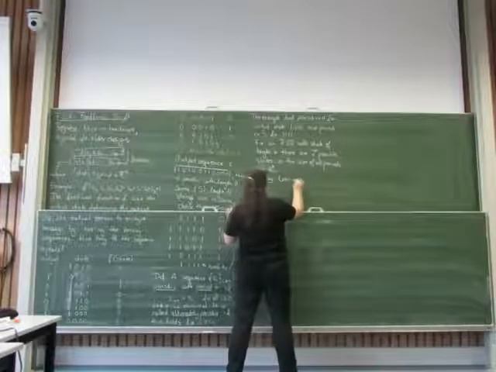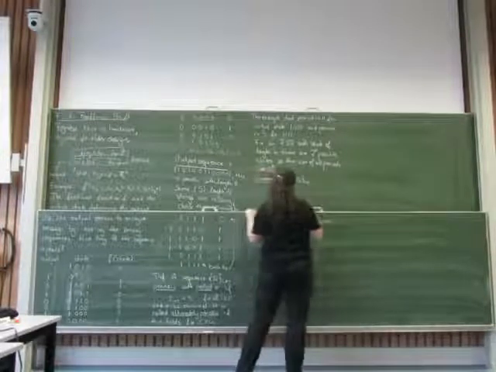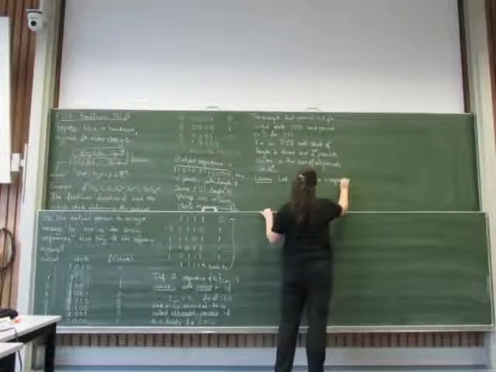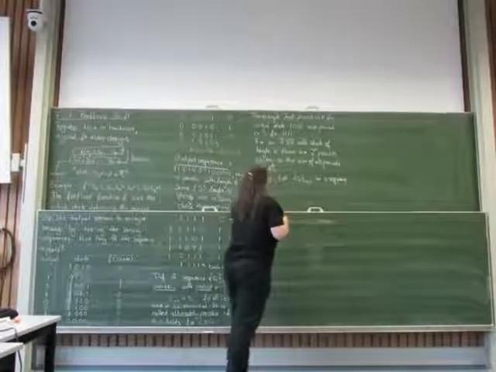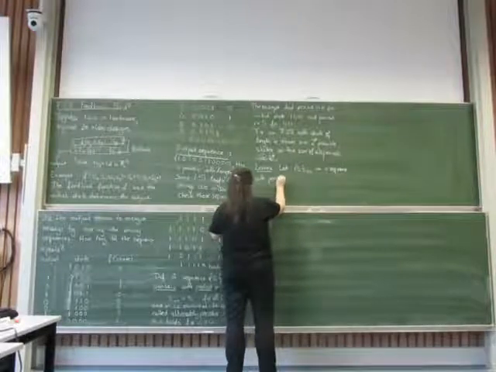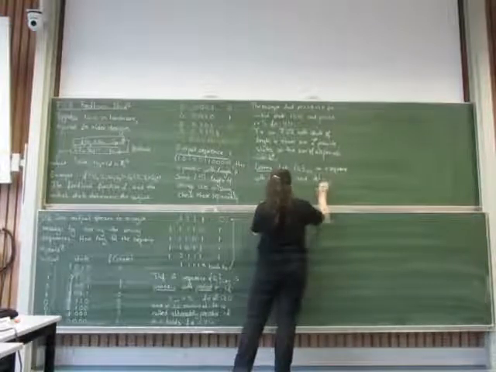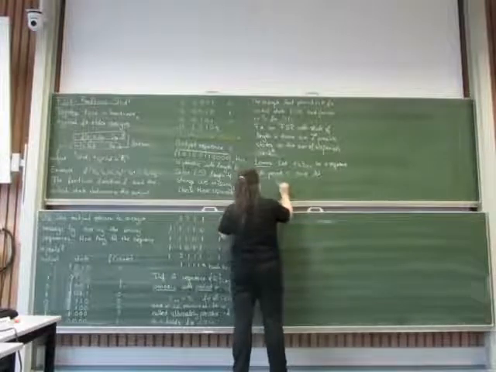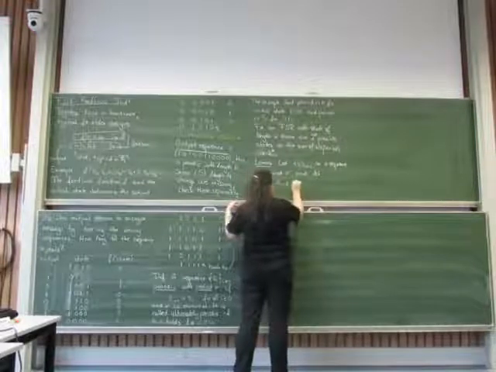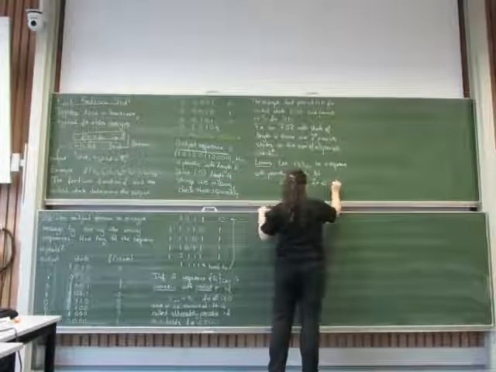So let's take a sequence. Let S_i, i greater than or equal to 0, be a sequence with period R. And instead of R, let's take some random L. So let S_{i+L} be equal to S_i for all i greater than or equal to 0.